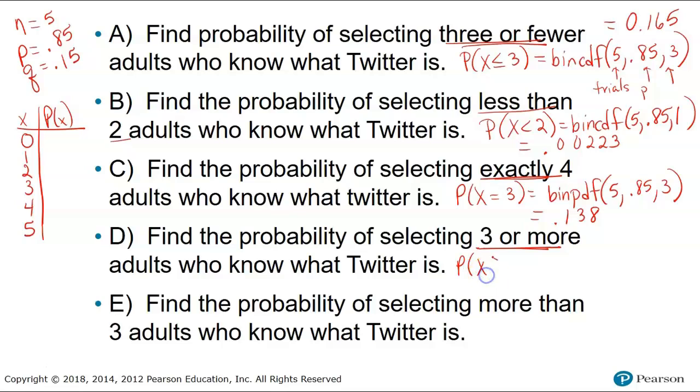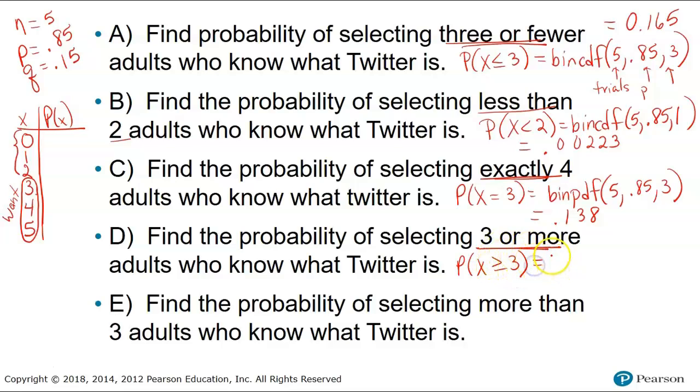Okay, moving on, here we want the probability of 3 or more. So 3 or more is going to be greater than or equal to 3. So if you remember, greater than or equal to 3 is going to be this part here. So this is the part we want. And we're going to have to work with the complement to get that. Because the CDF is only going to start at 0. So if we want it here to start at 3, then we've got to work around all that.